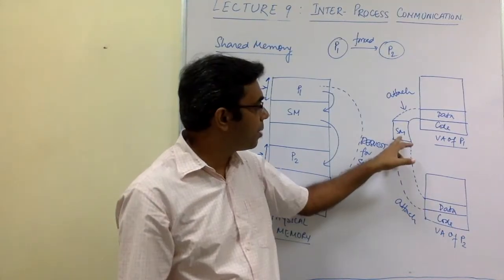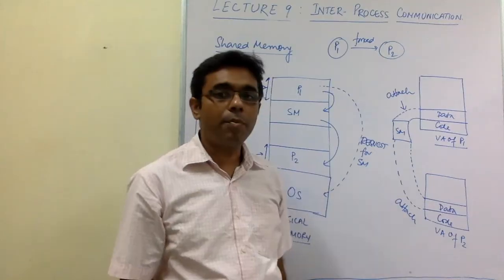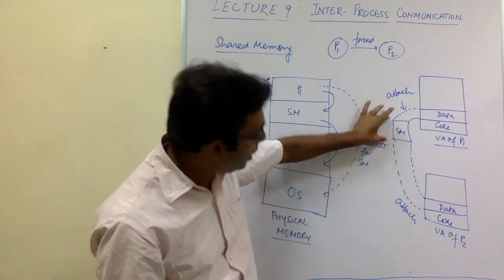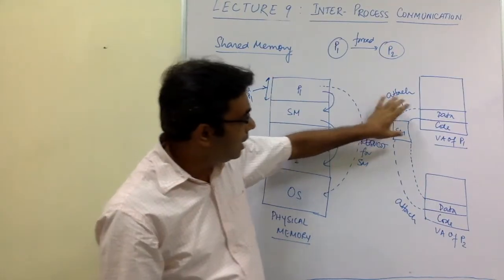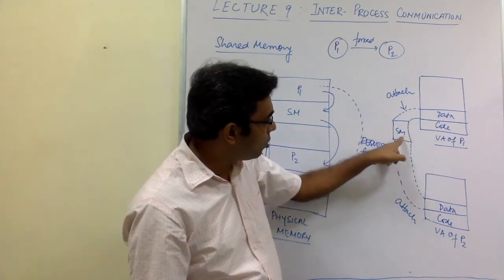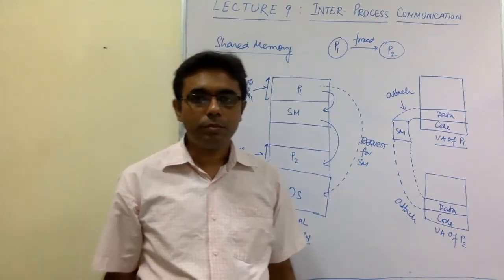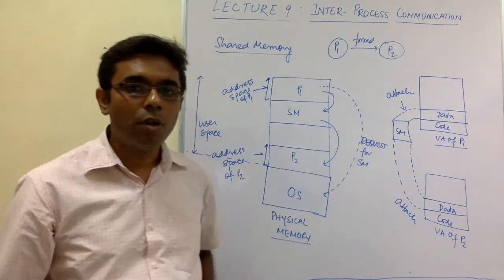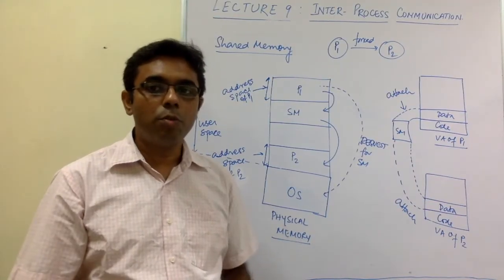You can treat this shared memory segment as an extended data segment of both process P1 and process P2. Since this range of addresses is shared, anything that one process writes onto it is made available to P2 as well. So this is the mechanism of shared memory usage to bring about inter-process communication.